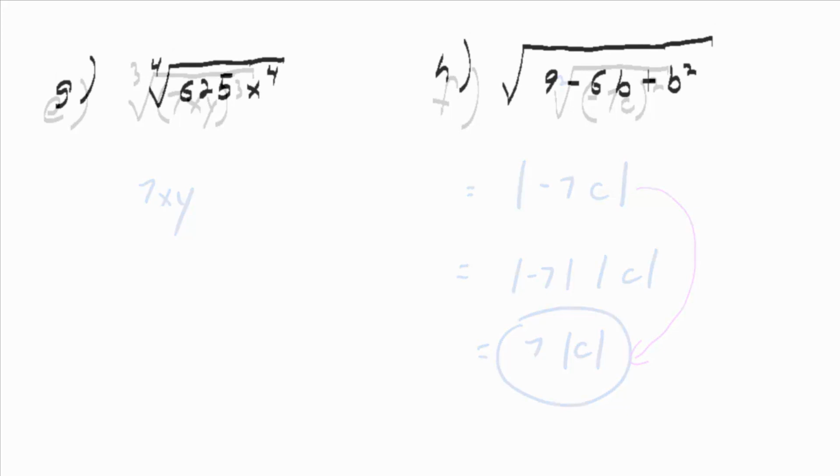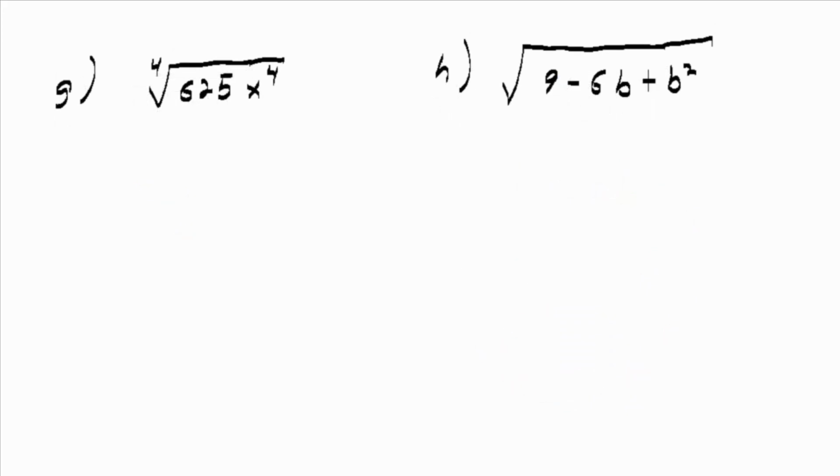Okay, how about the fourth root of 625x to the fourth? Well, if you wanted to, you could split up the radical. How would the radical split up? So it's multiplication right there.